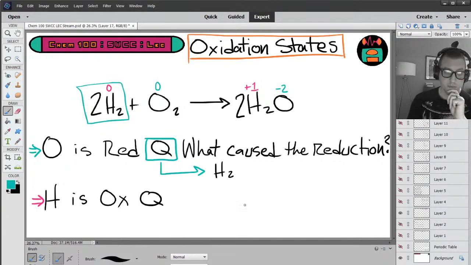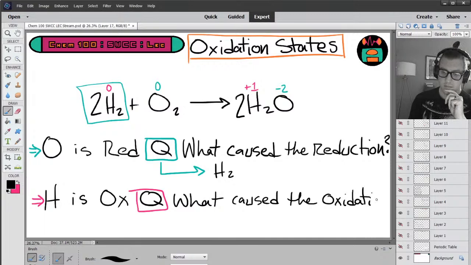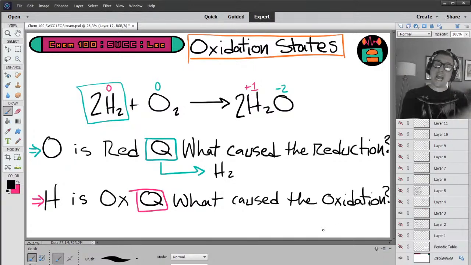Let me ask you another question. In this reaction, what caused the oxidation? All right, what reactant reacts with hydrogen, causing that element to be oxidized?